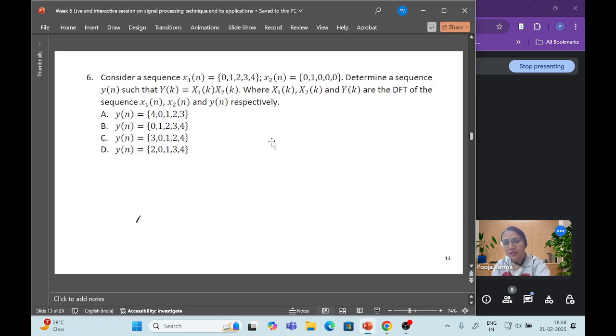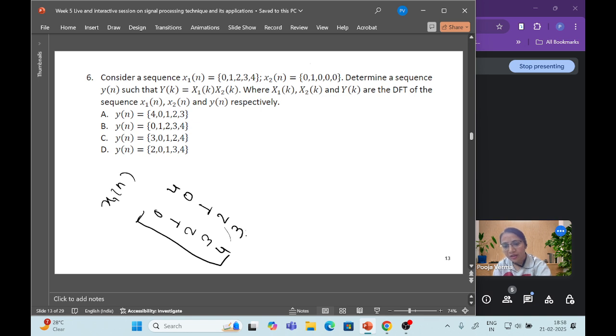So if there are two sequences, make a matrix from one sequence. First I am taking x1 in the first matrix. Just simply write 0, 1, 2, 3, 4. Now just shift by one place: take the last one to the first and write this sequence 0, 1, 2, 3.